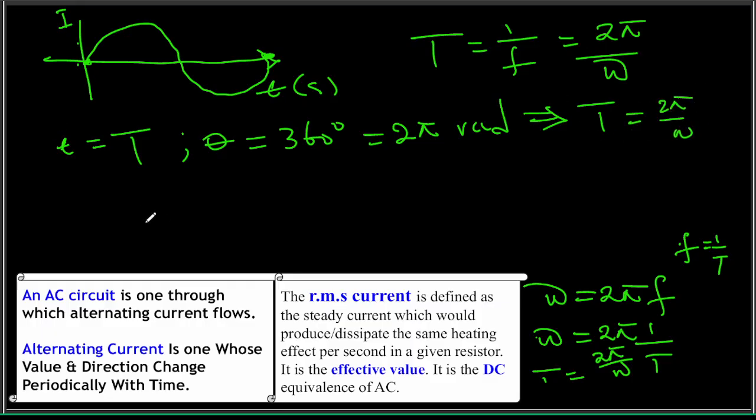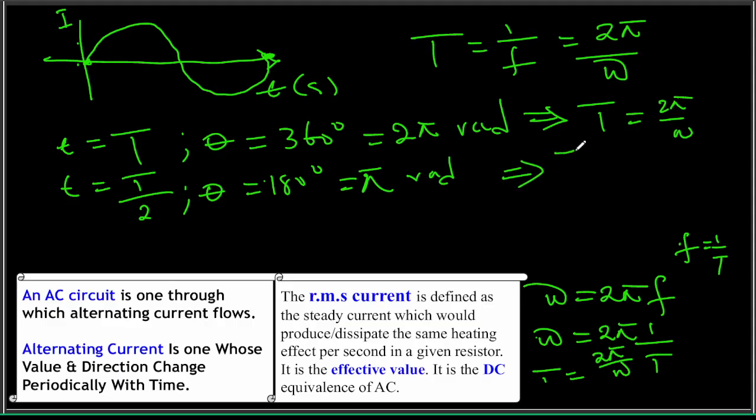All right, so let's continue. When t is half a period, the phase angle is 180 degrees, which is the same as pi rad. That means half a cycle, right? So that means the time is the period divided by 2, which gives us pi over omega. If I divide by 2, these 2s cancel.